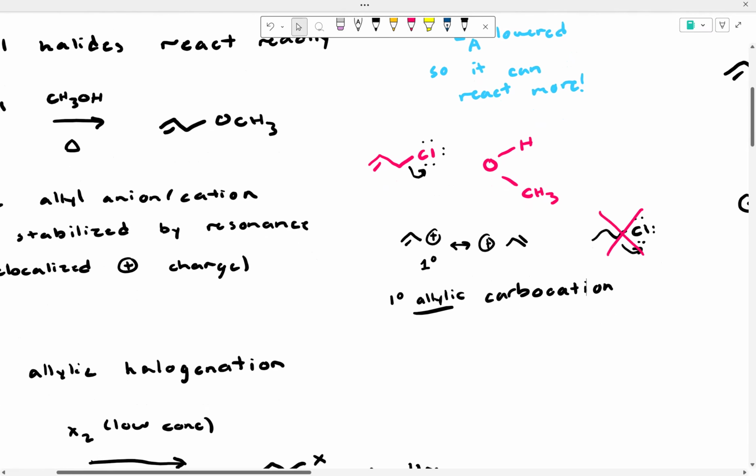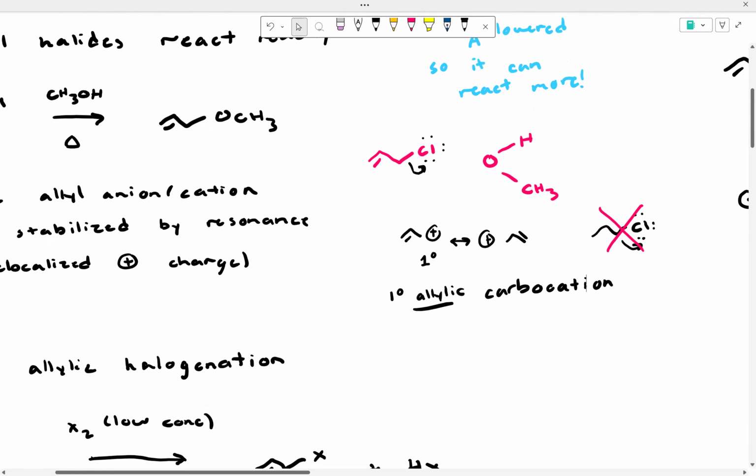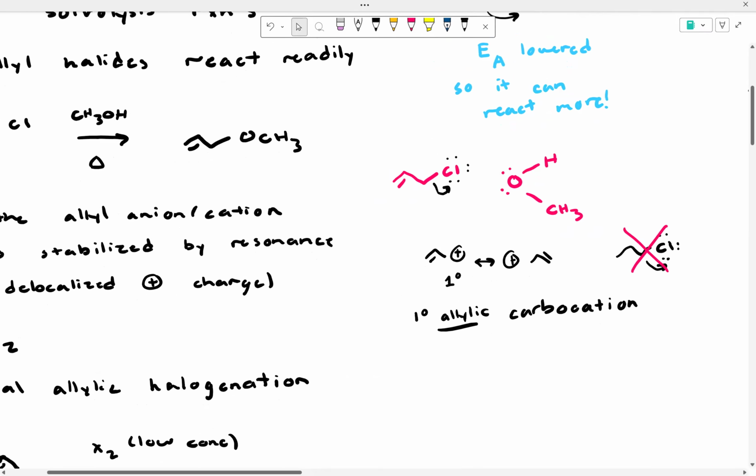Okay, so we made a little carbocation, but then what happens? So we have our carbocation, and what's going to happen next is that our methanol is going to attack the allylic carbon.